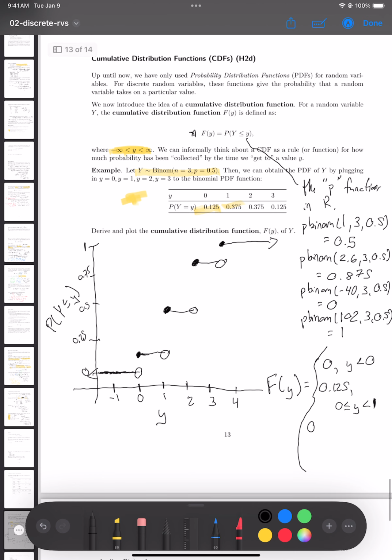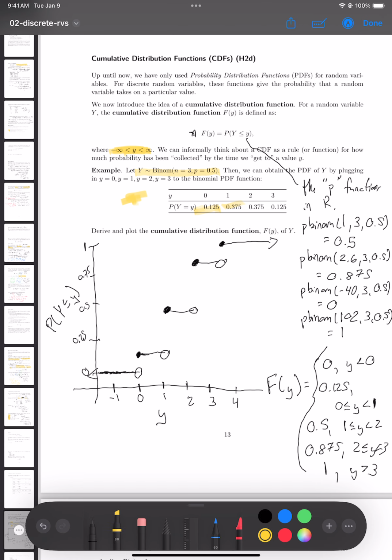It's going to be equal to 0.5 when y is between 1 and 2. 0.875 when y is between 2 and 3. And it's going to be equal to 1 if y is greater than 3. All of that is derived from the plot.